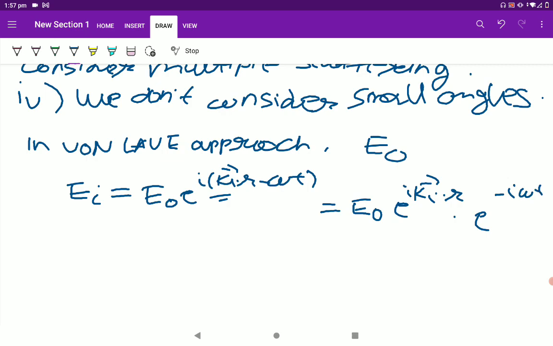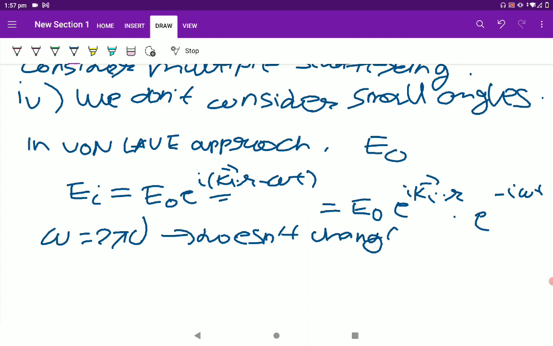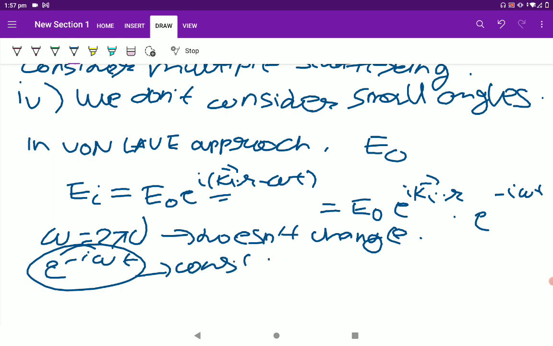We have elastic scattering by the first hypothesis, so the frequency doesn't change, that is omega equal to 2 pi nu doesn't change. So we will not consider this expression because it's constant, because the frequency is constant.